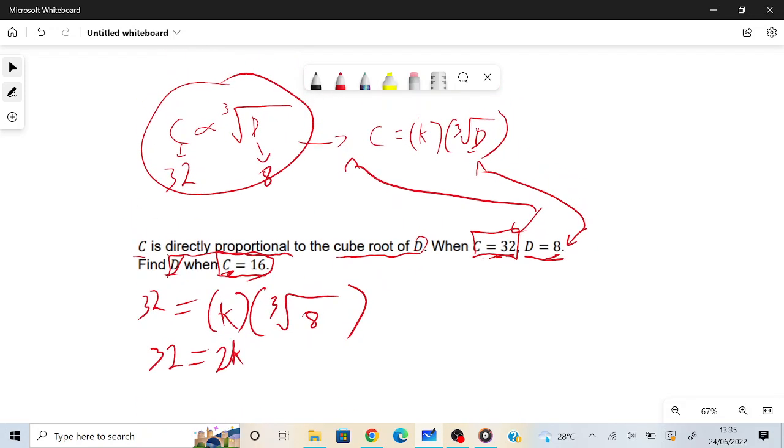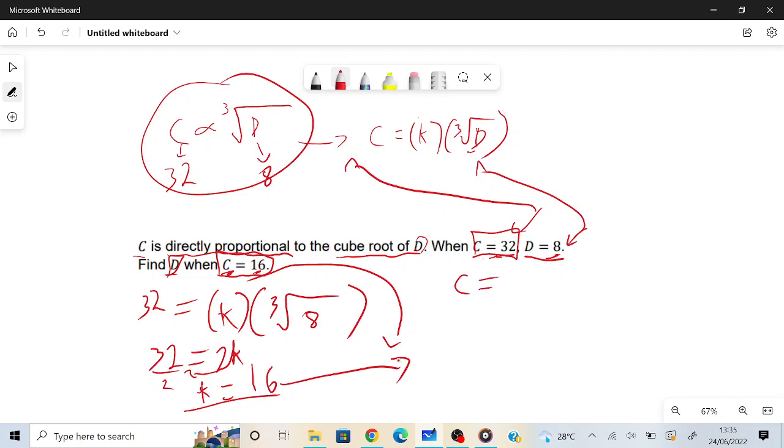And solving this, we know K is 16, because 32 divided by 2, as you go to the other side, becomes 16. Now that we have our K, we can find our D with this value of K and this value of C that they gave. So again, forming our equation, we have C equals K into the cube root of D.